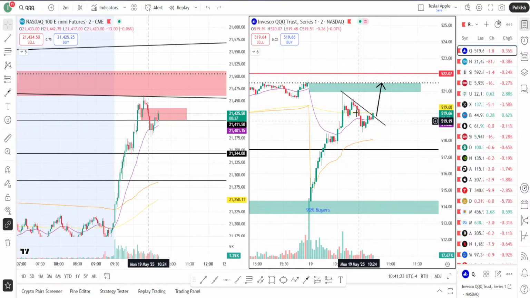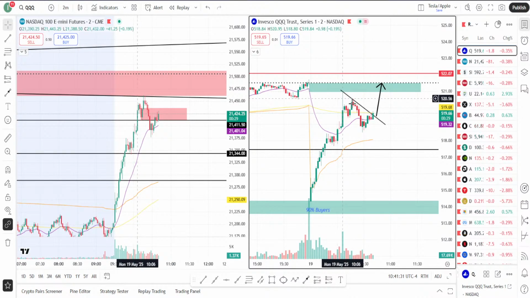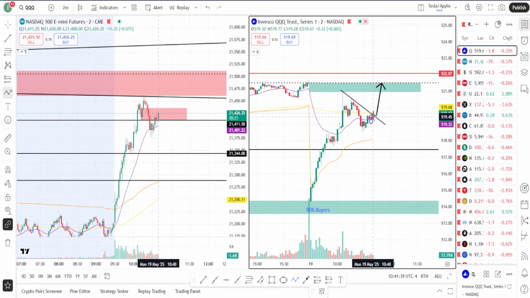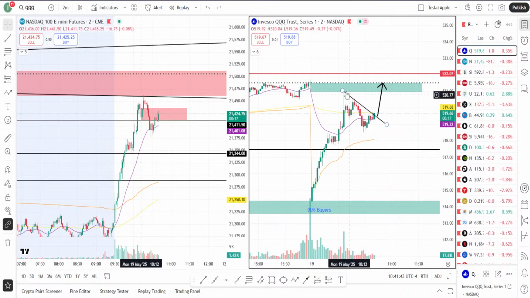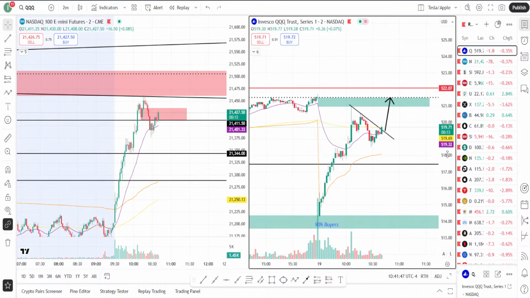Or if you're looking to sell this market, right? This is what I would be looking for if I'm thinking about buying it, right? This will be where my attention is: can price break this trend line? That would be my worry. If I'm looking to buy here, are we gonna actually break and close above it?